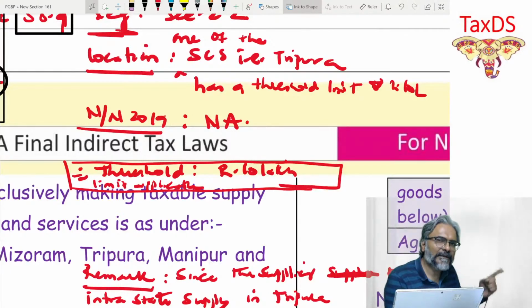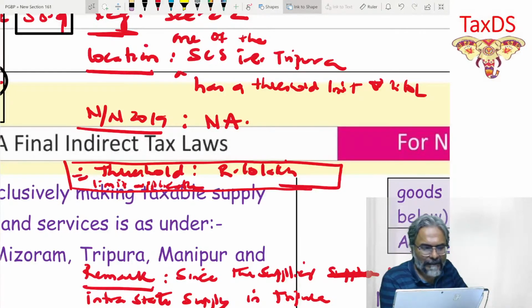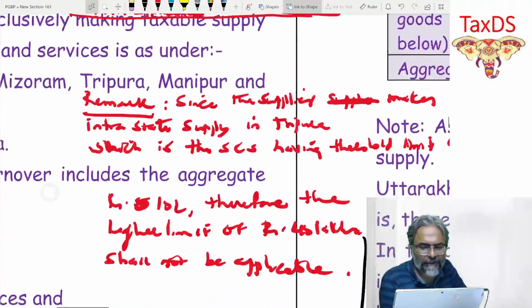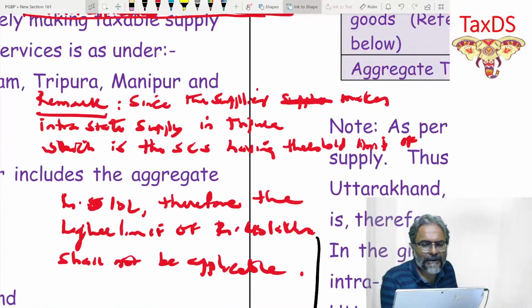Now you have to give the answer about liability to get himself registered. Now you have to give the remark, students. If you see the remark over here, since the supplier makes intrastate supply in Tripura, which is the SCS, having threshold limit of rupees 10 lakhs, therefore, the higher limit of rupees 40 lakhs shall not be applicable. So what is the remark?